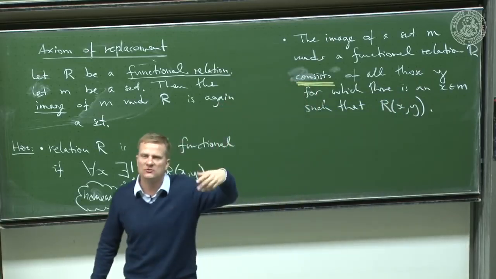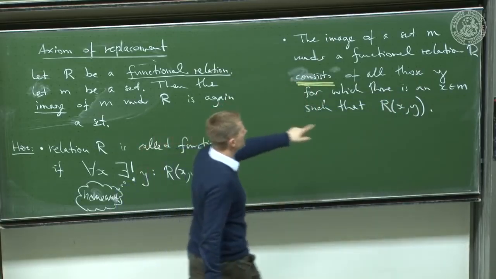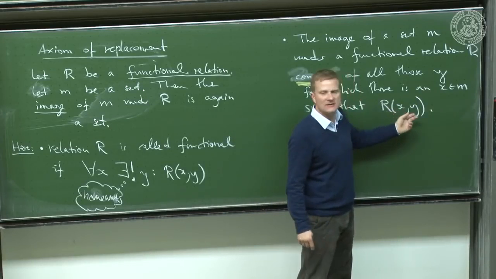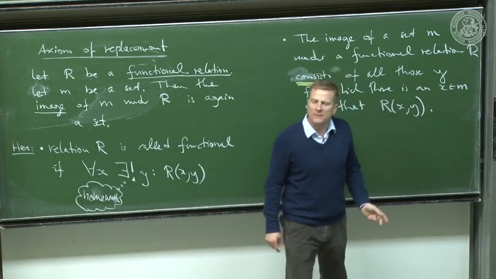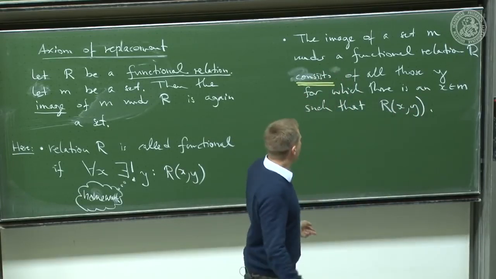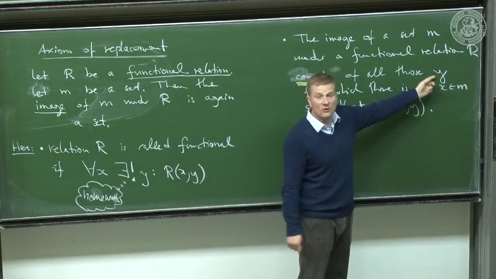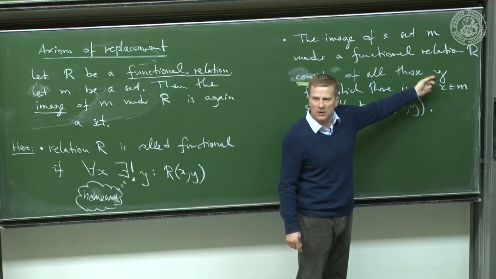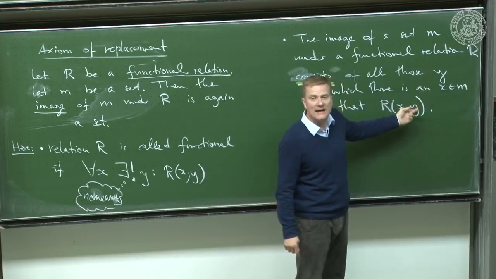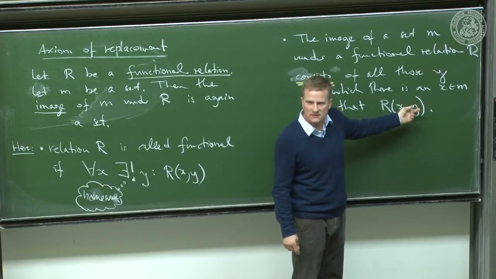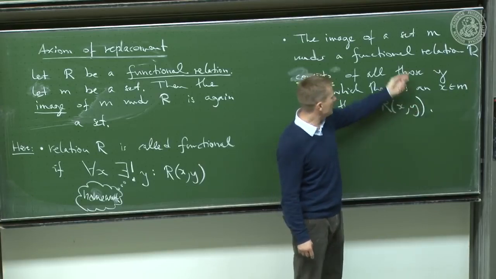The image has all those y as elements which I reach from some x by R x y, right? But you say, hang on a second, how do you know that all those y are the elements of a set? Who tells you that all those y's I arrive at constitute a set again? How can I write this down?